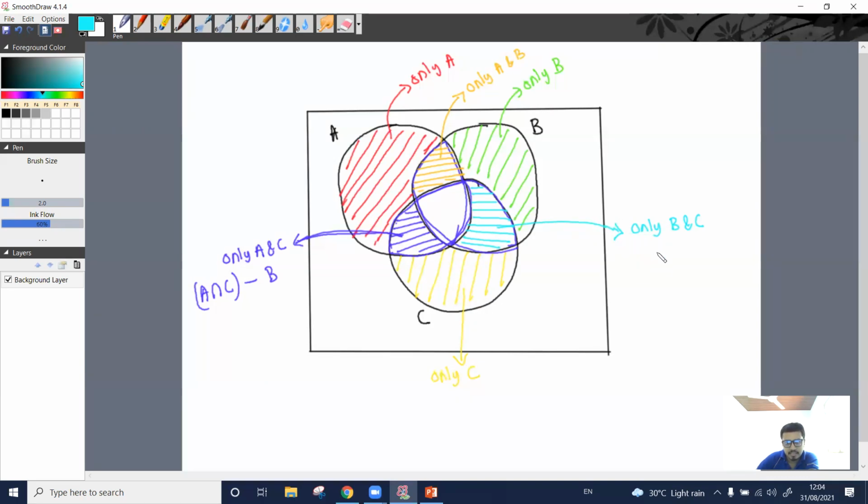B and C means B intersection C. From that we have excluded which part? The area that belongs to A.